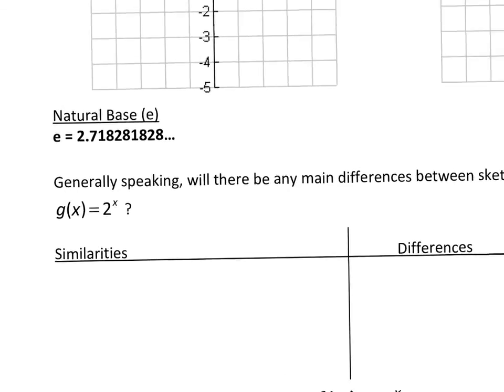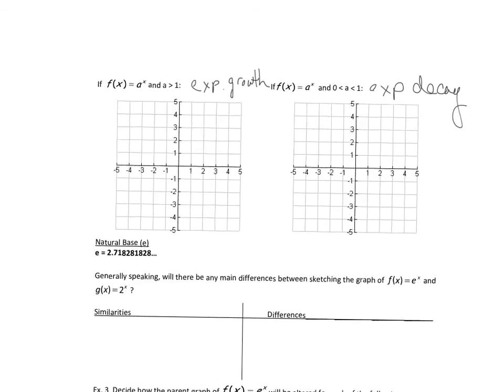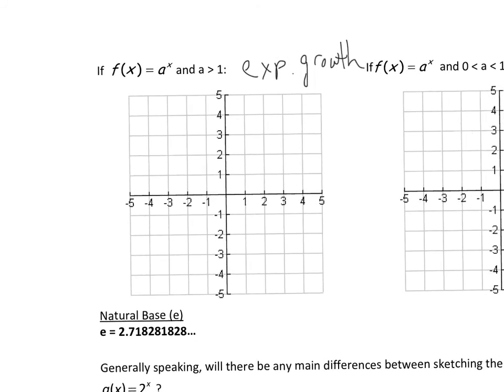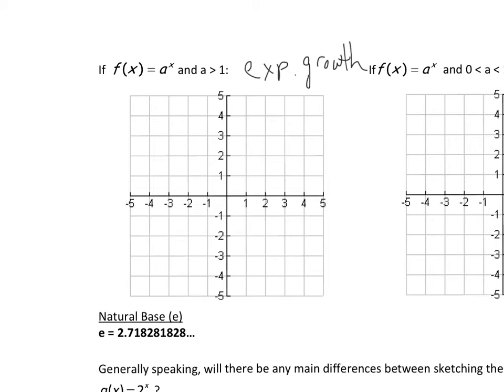So if we're sketching a graph, right, we're not doing an input-output table. What if I say sketch a graph? What are the important aspects of that? First aspect is having the correct key point, which in this case is (0, 1).